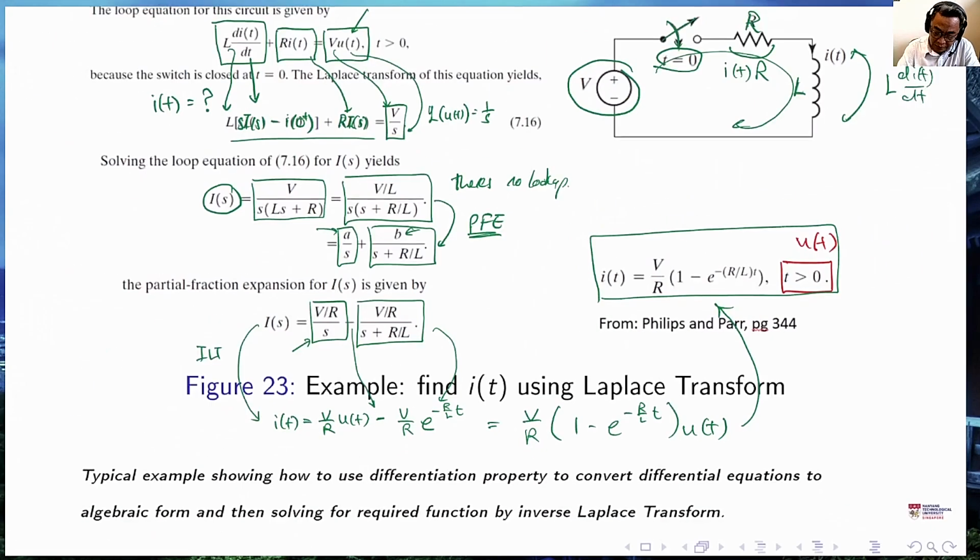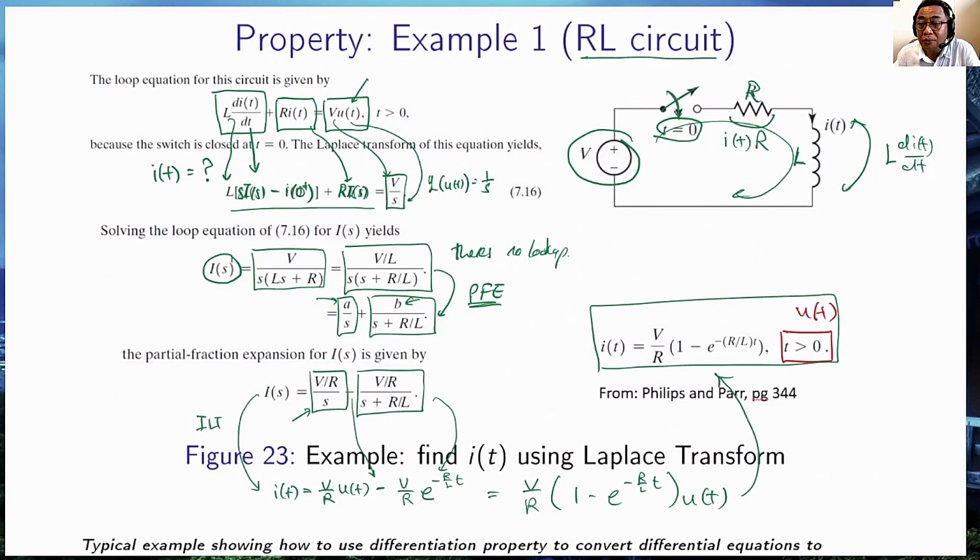So in this example, we have a simple RL circuit. We learned how to form the RL circuit as a differential equation, and then we converted this differential equation using the property of differentiation to get the algebraic form.